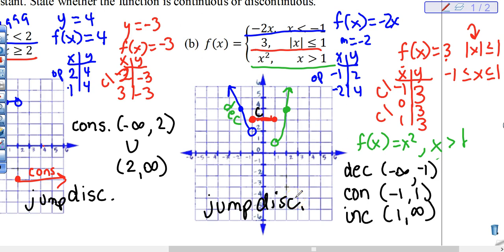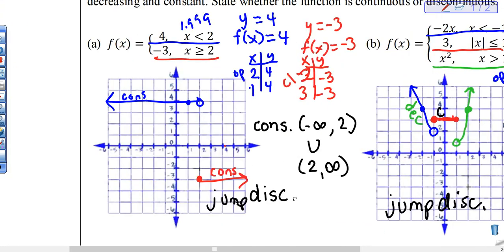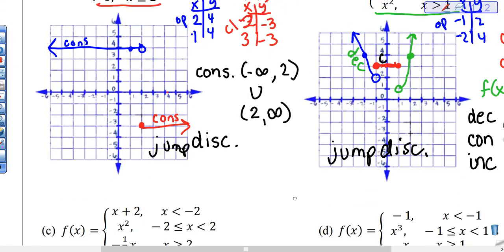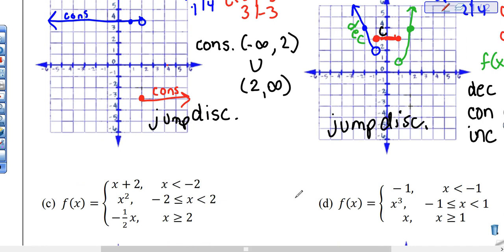So I'm just here modeling what I'd like to see on your homework. Any questions about that? Yes. So you said double brackets on the... No, because a point isn't constant. A point isn't increasing. A point isn't decreasing. A point is just a location.